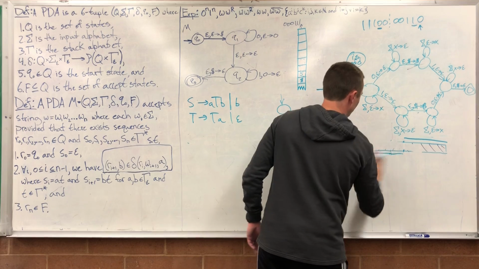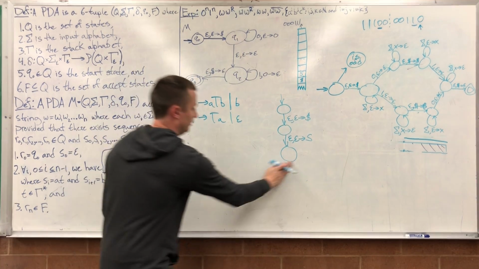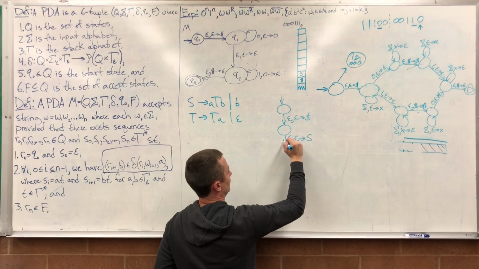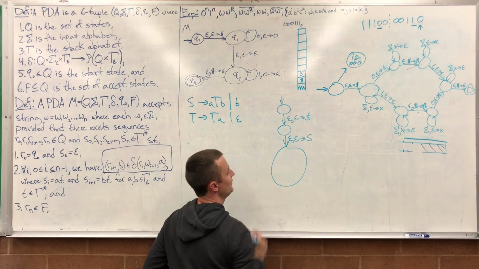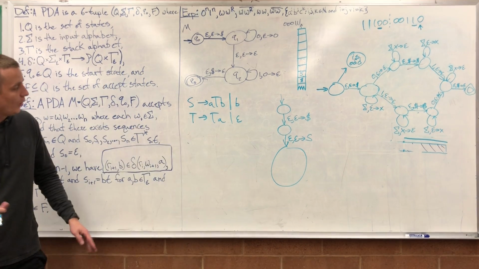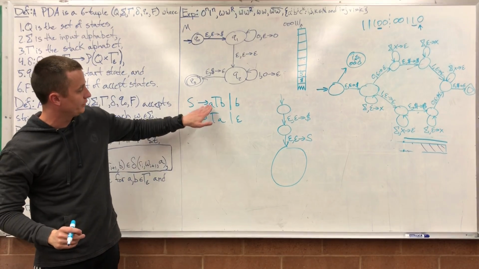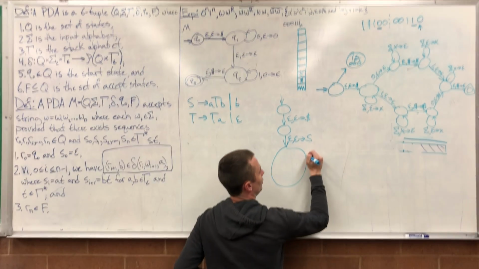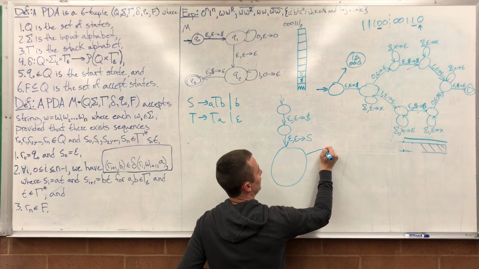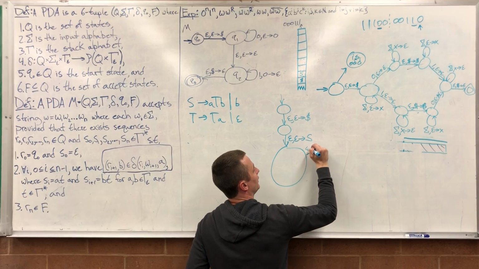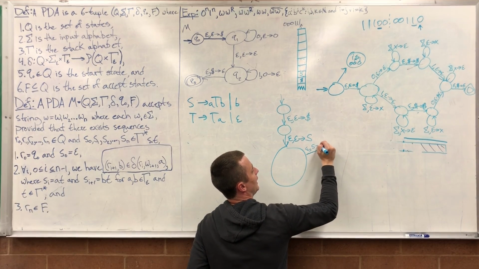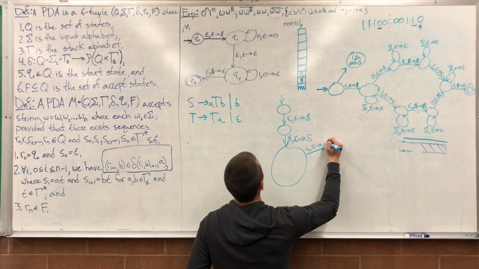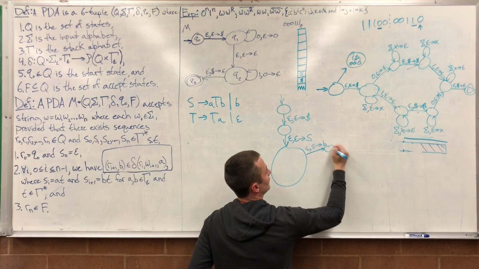Now, let me draw this state really big, and you'll understand why. I have the rule that S can be replaced with ATB, right? So I'm going to create this rule where, going from here to here, reading nothing, we can pop an S off the stack and we can replace it with B. That gets us here.